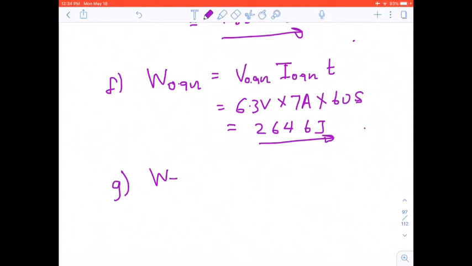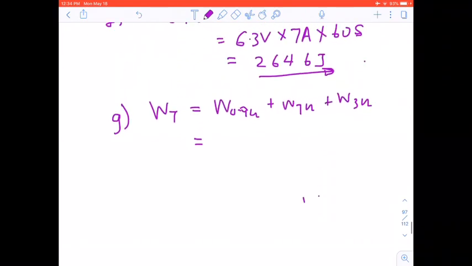It would be work total by the battery is equal to work done in the 0.9 ohm plus work done by the 7 ohm plus the work done in the 3 ohm, which would mean we have 2646 joules plus 1852.2 joules, right?